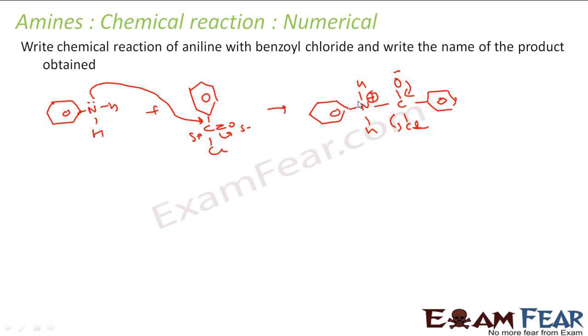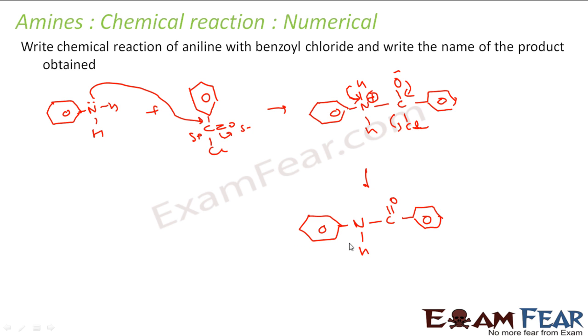Nitrogen has a positive charge, somebody has to leave. This hydrogen will say, okay, I'll leave in this direction. So what will happen is you will get something like this, with H, C double bond O. So you want to name this compound. This is my substituent here.